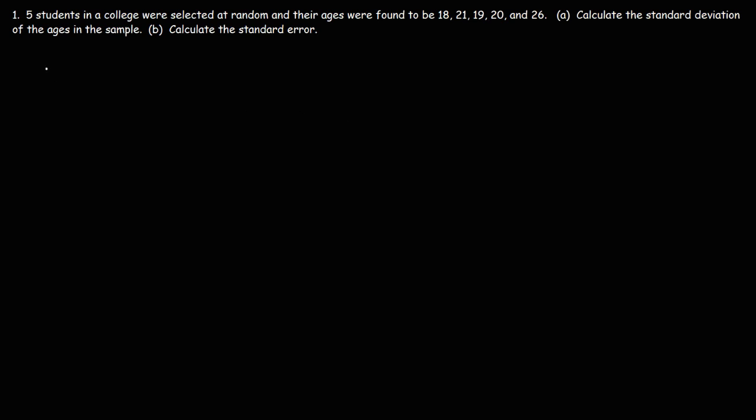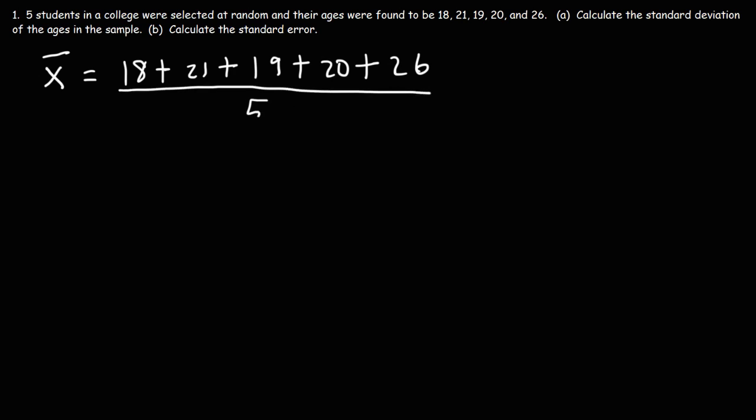The first thing we need to do is calculate the mean, or the average, of the 5 ages that we have here. So we're going to take the sum of those 5 values. So we have 18 plus 21 plus 19 plus 20 plus 26. And now let's divide it by the number of the ages that we have, which is 5.